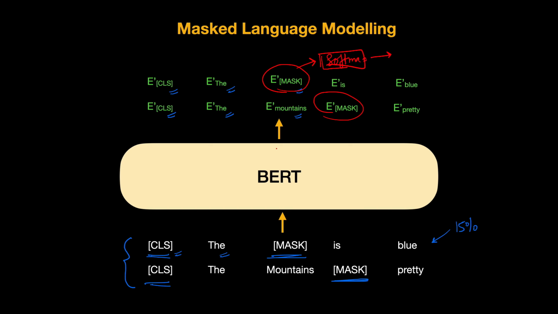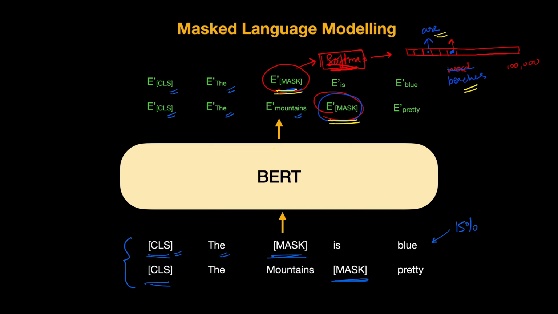This linear and softmax layer is going to produce an output of the same size as the vocabulary. Let's say if our vocabulary has 100,000 words, then the output from this layer is going to be a 100,000 dimensional vector. And as the output is coming from the softmax layer, all the values are going to act as probabilities. We pick the highest probability and the index corresponding to that probability will be our word prediction.